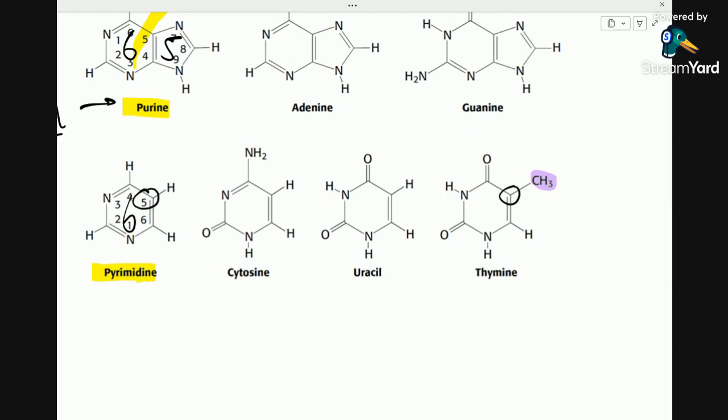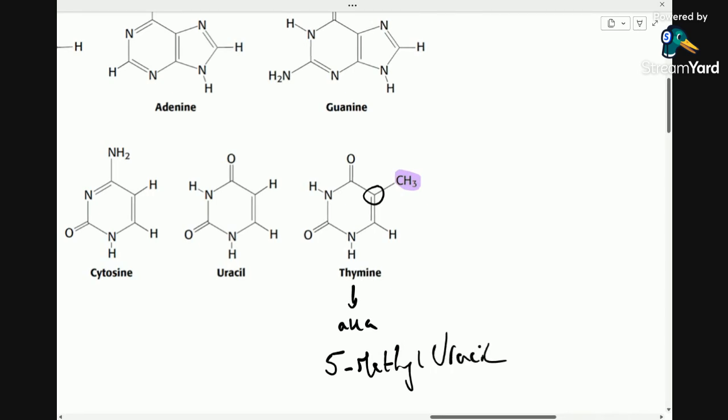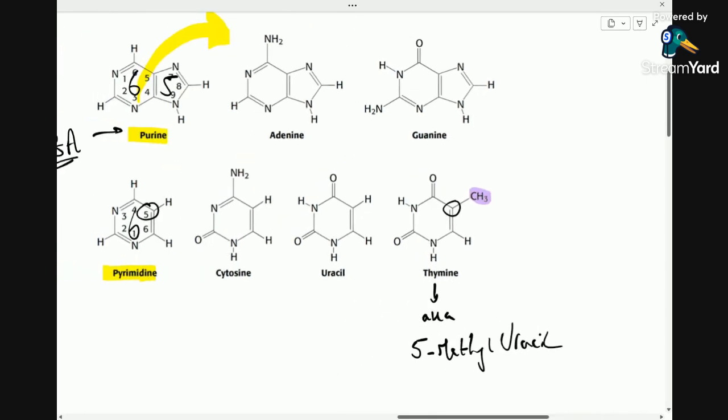So this is, you know, AKA 5-methyl-uracil. And it's called thymine, but that's essentially what it is. And hopefully you can appreciate, therefore, that the structure is really not that different. So, you know, substituting one for the other in RNA is quite easy.